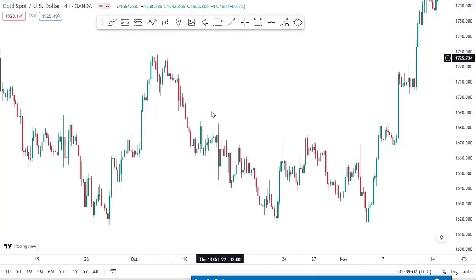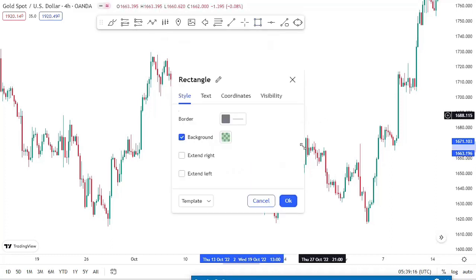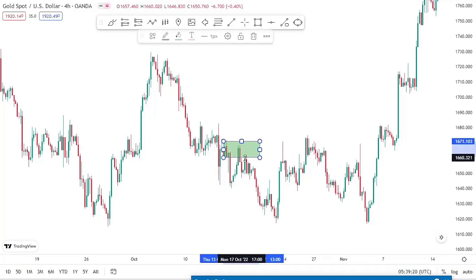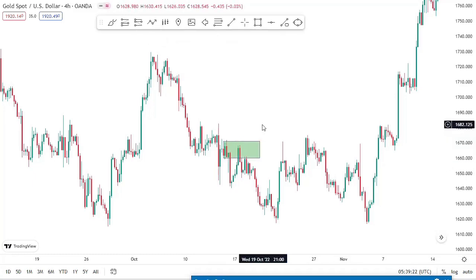Let me get rid of this. Okay, now we'll have a higher high and a lower high created here. Then a lower high created here. Let me map as normal. Okay, these are my charts. You have a higher low created here.